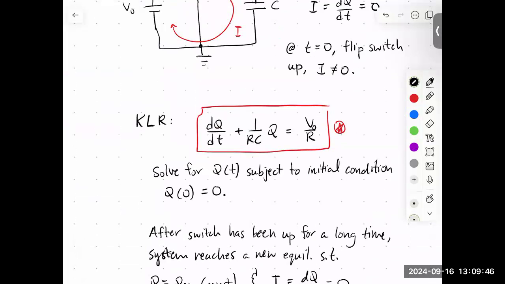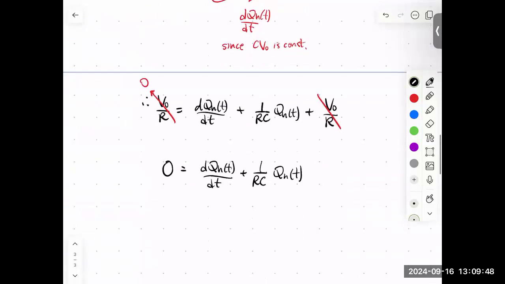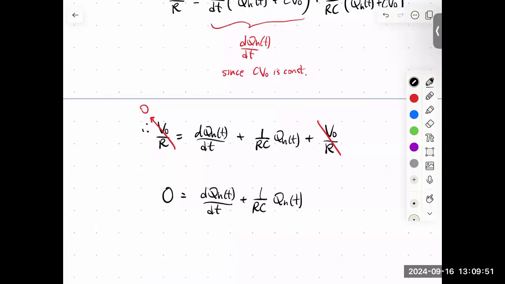And so our current simplification is that we've made the constant equal to 0, and that's called a homogeneous differential equation. So this is a homogeneous first order differential equation. Okay, and so that means that the left-hand side is 0.